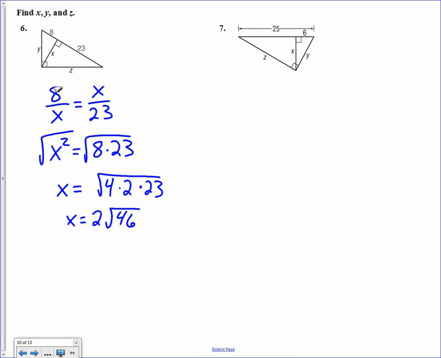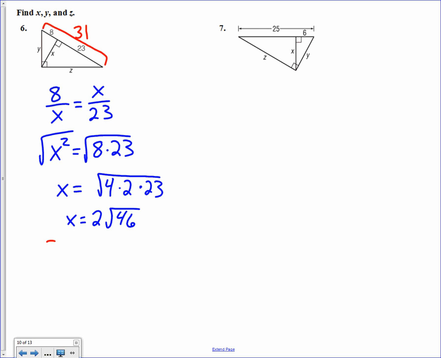Now, solving for y and z are both similar. We do need one more part first, which is this part. That is the hypotenuse of the large triangle. It's 23 plus 8, right, because we're just adding the 2 segments, so we get 31. And let's solve for y first.